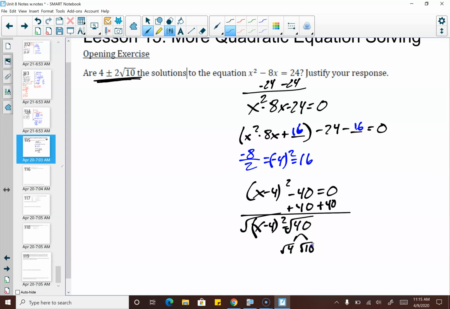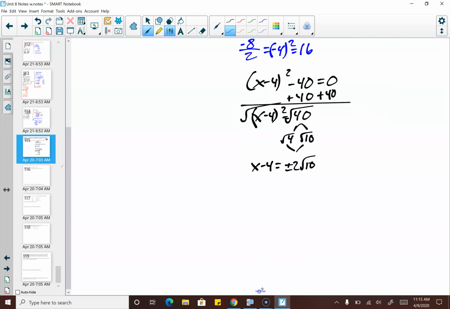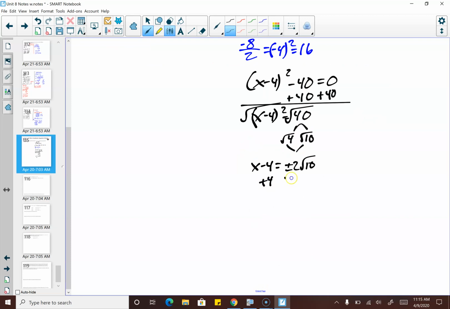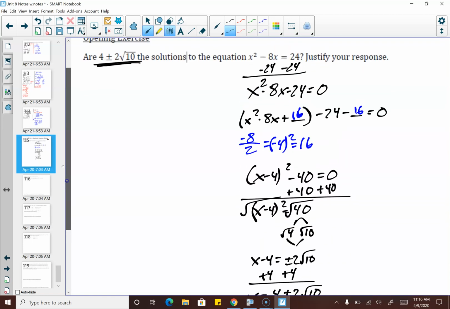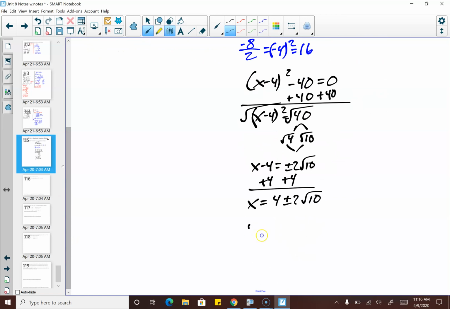Square root 4, square root 10 comes back together. x minus 4 equals plus or minus 2 square root 10. And then we will add our 4 to both sides. And we get x equals 4 plus or minus 2 square root 10, which does match what we had in the beginning. So the answer is yes, those are the solutions.